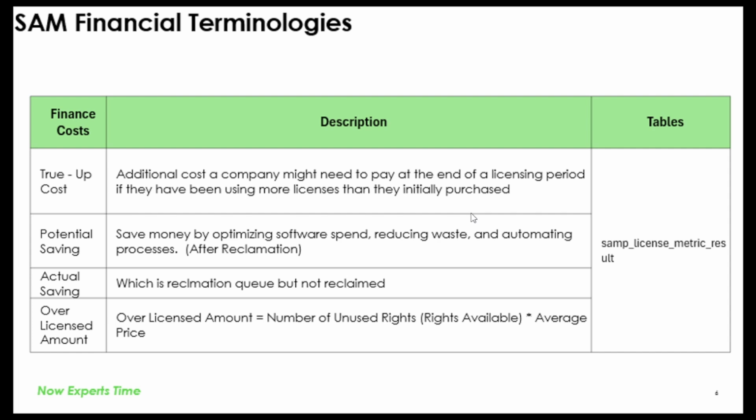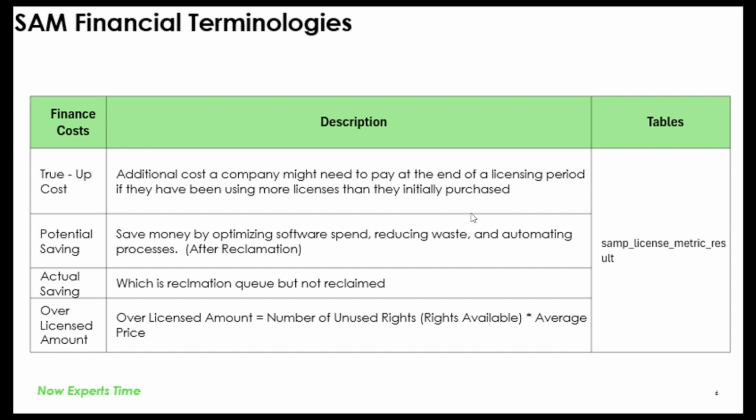Next, potential saving. Before going to potential saving, first we need to discuss actual saving. Actual saving is associated with reclamation. Everyone knows well what reclamation is. Reclamation helps to harvest unused licenses which are assigned to users.